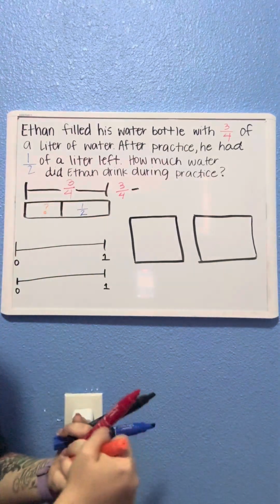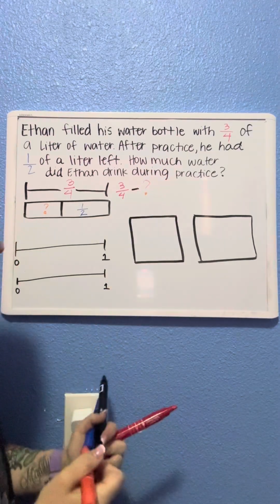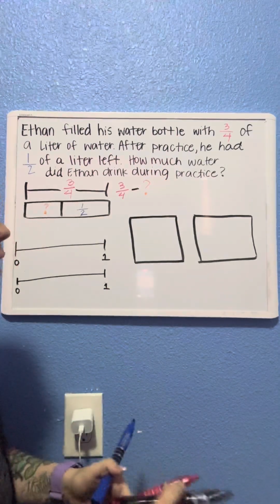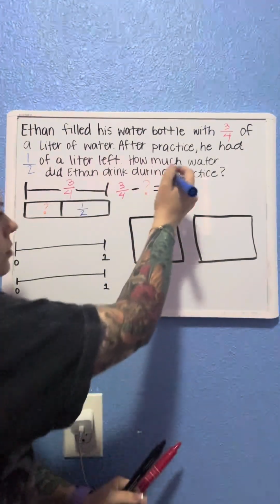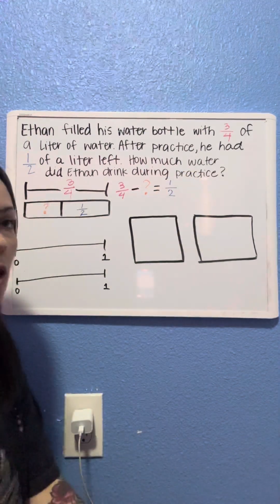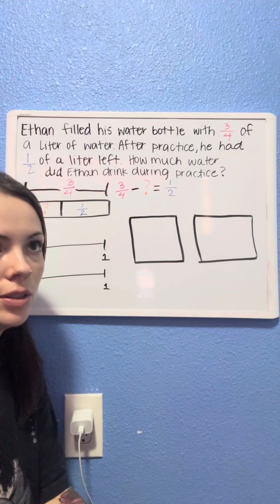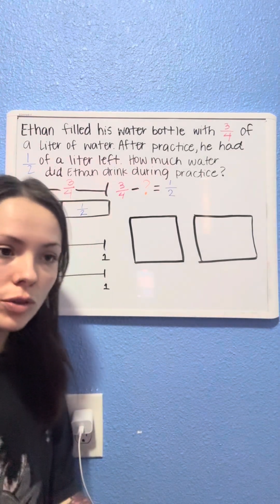No, right? That's what we're trying to find out. So minus unknown equals 1/2.